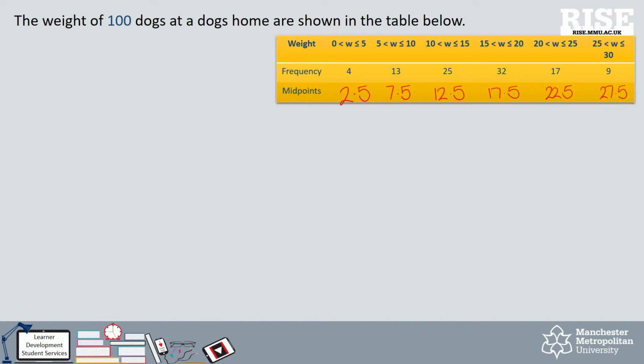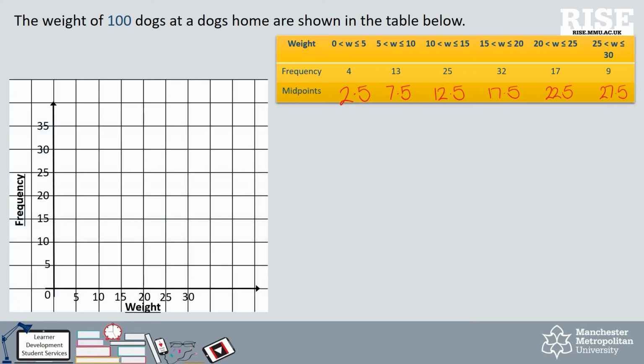I can now plot this as a frequency polygon. Here I have my weights on the horizontal axis, the x-axis, and the frequency always on the vertical axis, the y-axis.